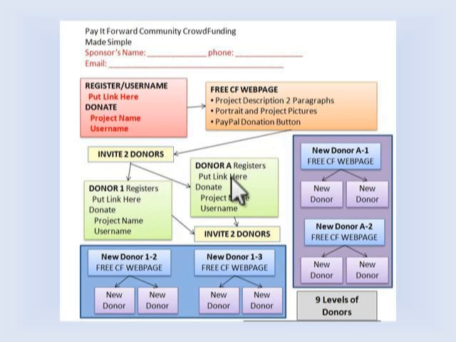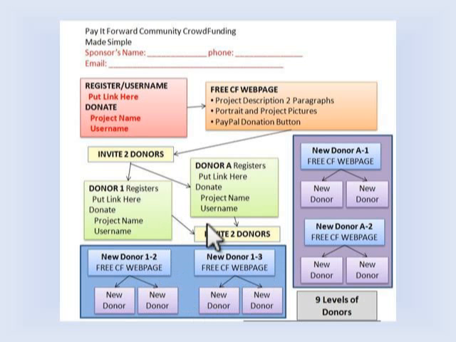And the second donor will do this here. So we have donor 1 here and donor A here. Each of these 2 donors that your friend invites will themselves invite 2 more donors. So donor 1-2 will invite, and donor 1-3 will also invite 2 more donors.